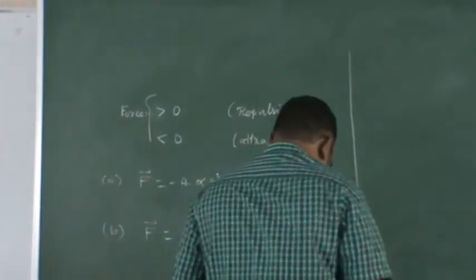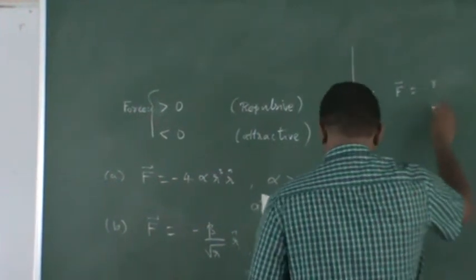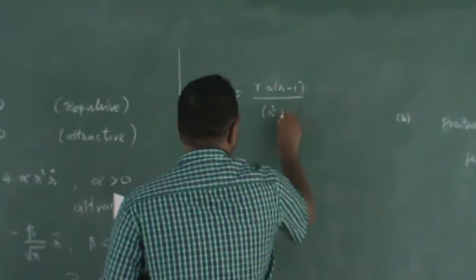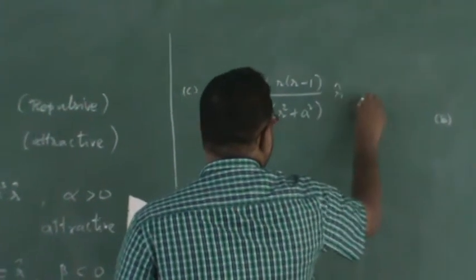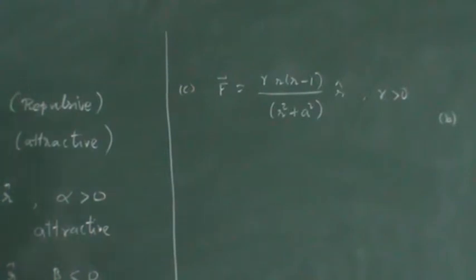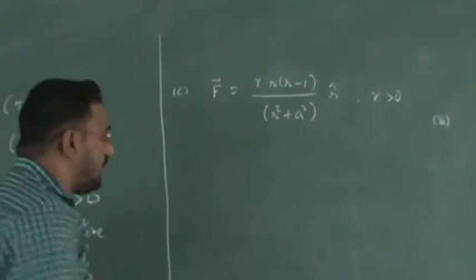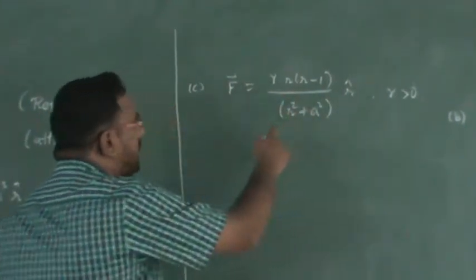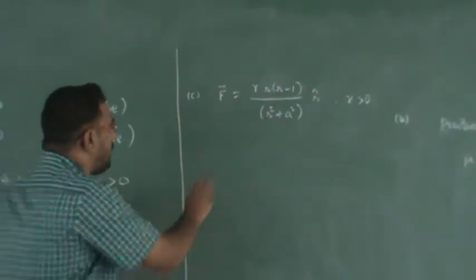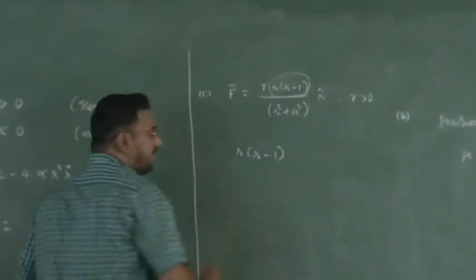Third one is force F equal to gamma r into r minus 1 by r squared plus a squared r cap, where gamma is greater than 0. The denominator term is positive definite, therefore r squared plus a squared is greater than 0. Gamma also is greater than 0. Therefore the sign of this force is determined by the sign of the product term, r into r minus 1.